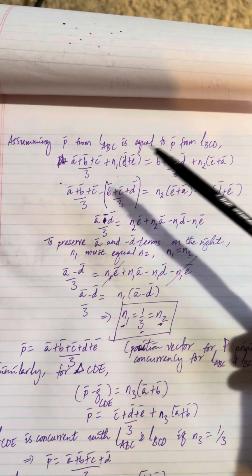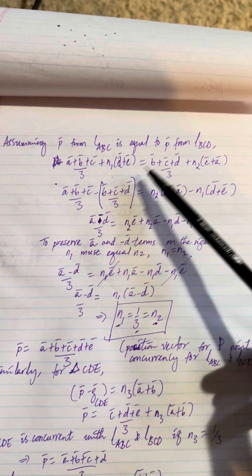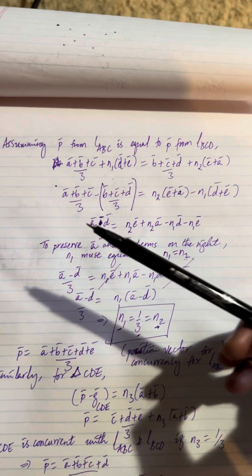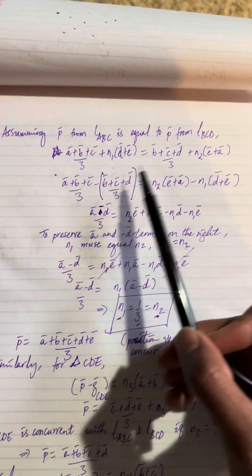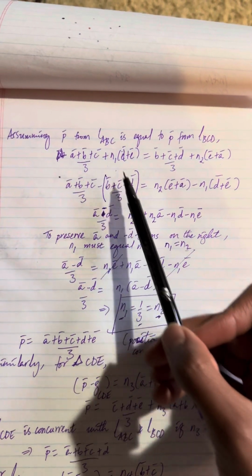we then set the expressions we found previously in the asterisk equal to each other and solve for n1 and n2. And so the second step here is bringing this BCD over 3 term to the left, which would make it negative.